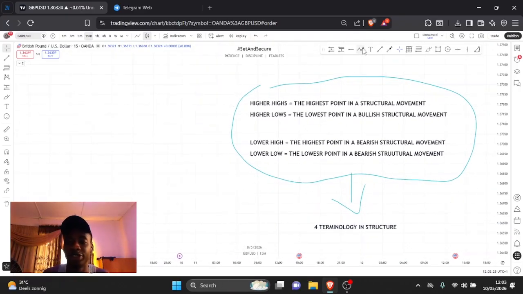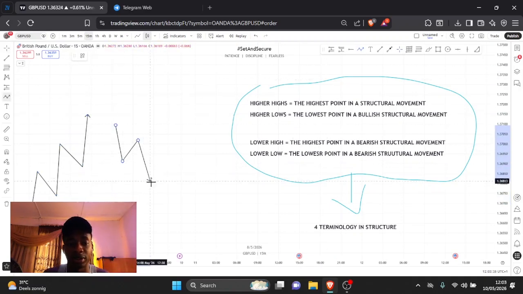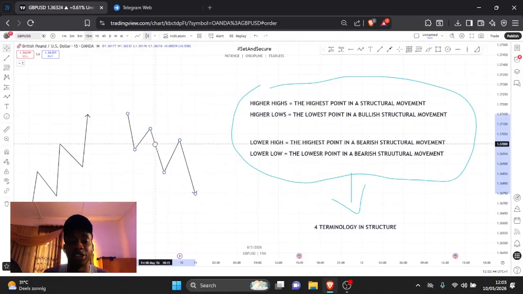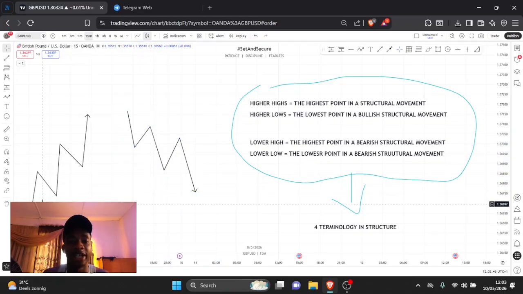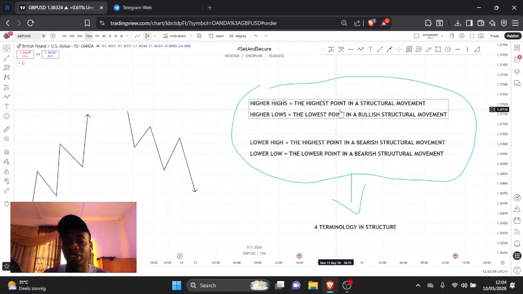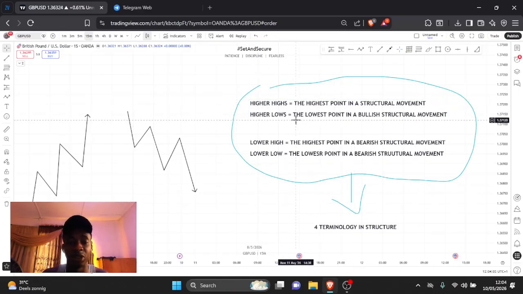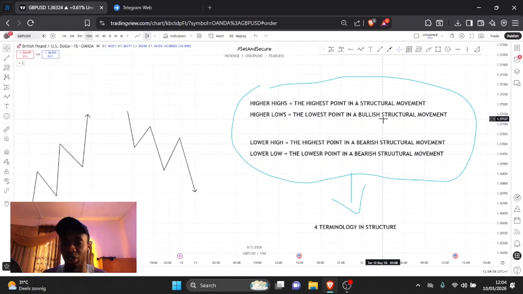Now, the market moves in structure, creating either higher highs or lower highs. Market moves in either of these two. Now, remember this first text, which says higher highs equals the highest point in structural movement, and higher lows equals the lowest point in bullish structural movement.